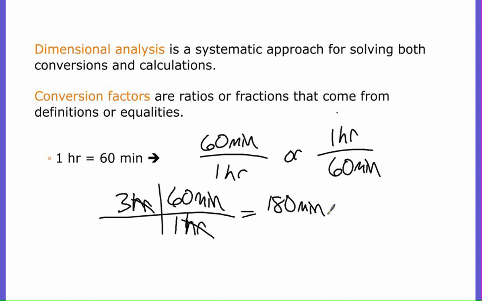All right. Or possibly I have a different problem. Maybe I'm told that it's been 540 minutes. How many hours is that? So again, I'm going to use a conversion factor. This time I'm going to divide by minutes instead of dividing by hours because I want hours in my answer.